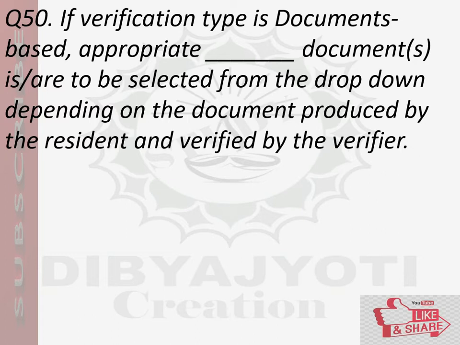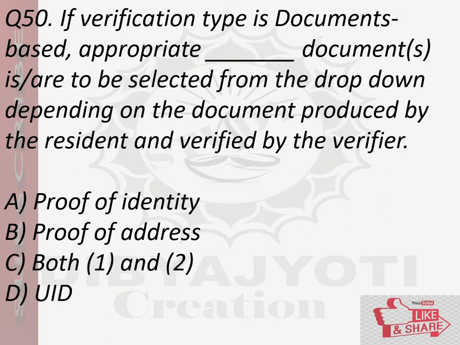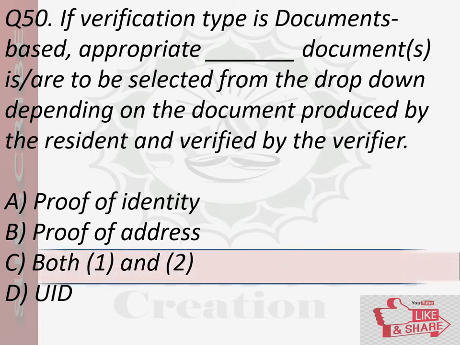If verification type is documents based, appropriate dash documents are to be selected from the drop down depending on the document produced by the resident and verified by the verifier. Options are option A, proof of identity, option B, POA, option C, both 1 and 2, and option D, UID, and answer is option C, both 1 and 2, POI and POA.